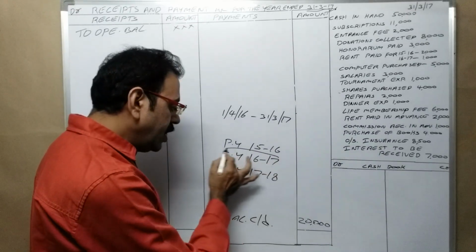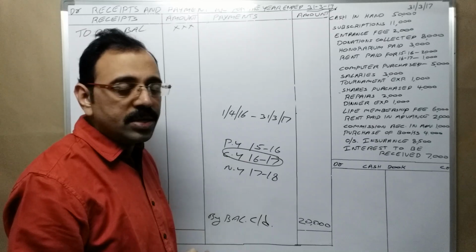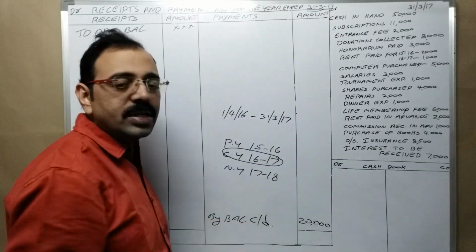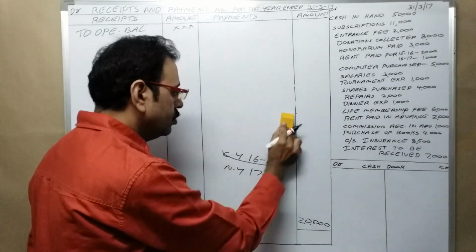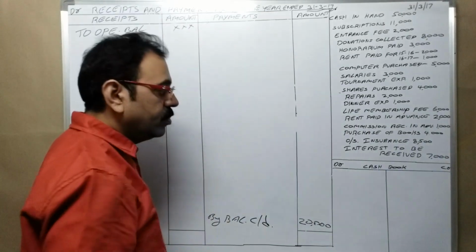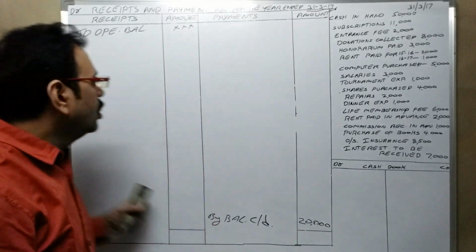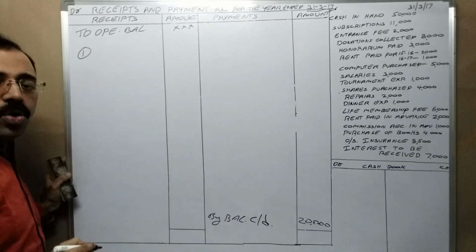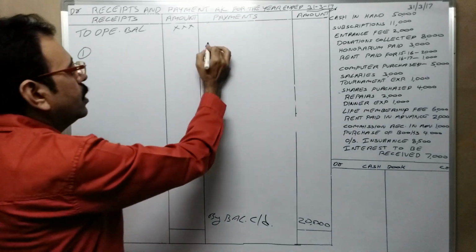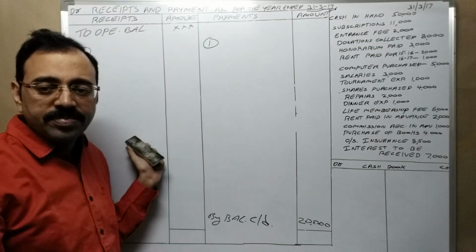Now for current year period, at the end of the year, we are preparing this receipts and payments account. Next, in current year, receipts we record in debit side, current year payments we record in credit side.